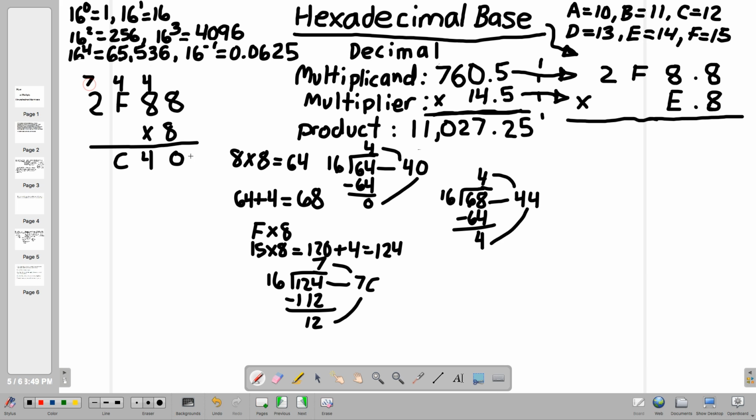All right, so our next computation, we have 2 times 8. 2 times 8 equals 16. And we have to add the 7. And that gives us a value of 23. And we have to convert that into hexadecimal. And we divide by 16. 16 goes into 23 one time. And when we subtract, that leaves us a value of 7.